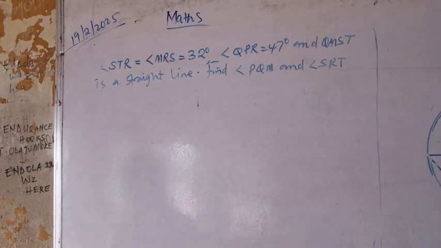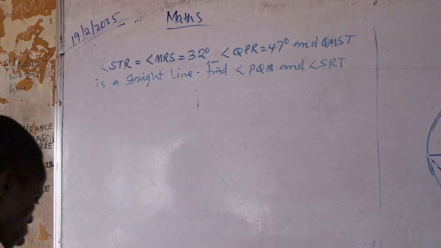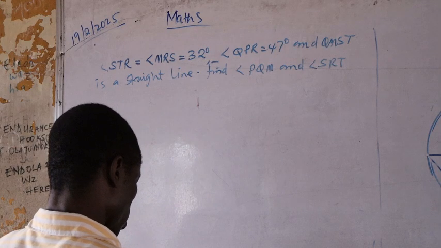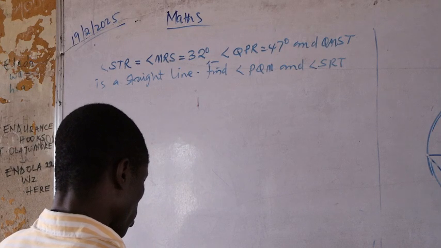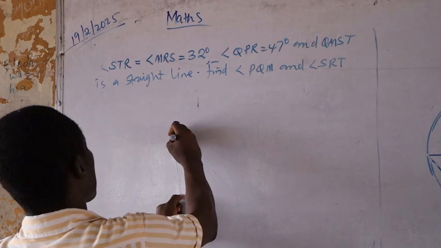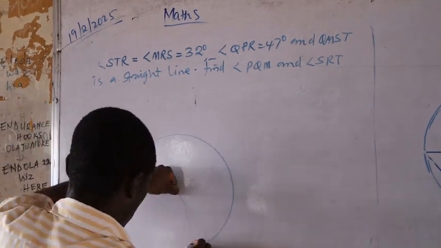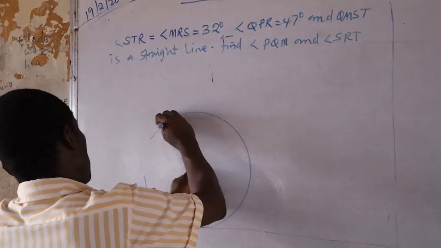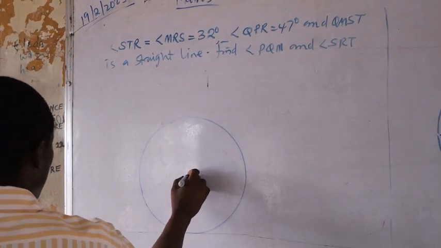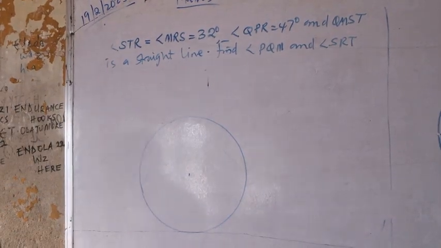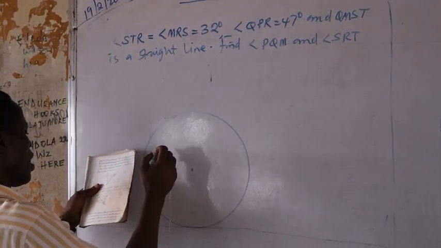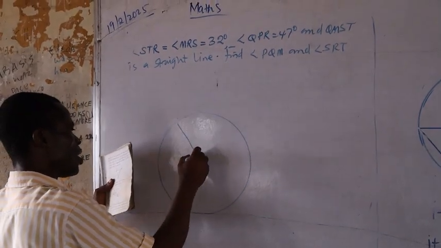Okay, now let me draw the diagram on the board. We have a center here. Now this line PR passes through the center.